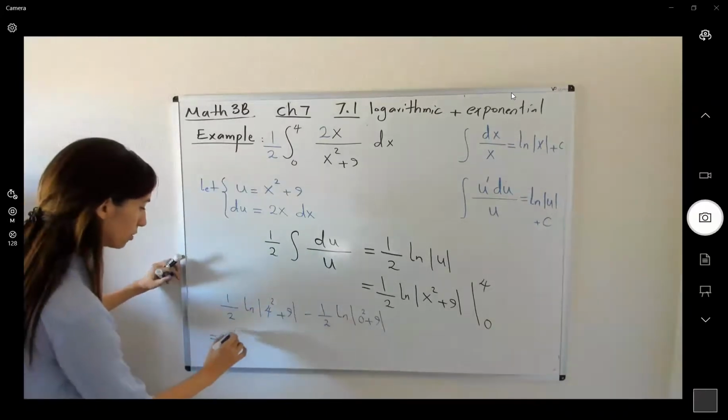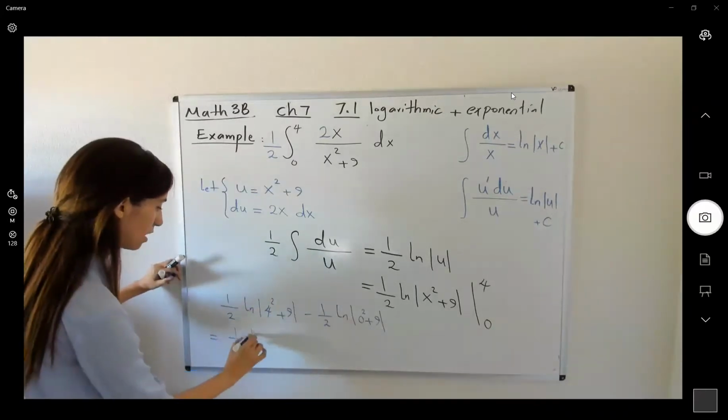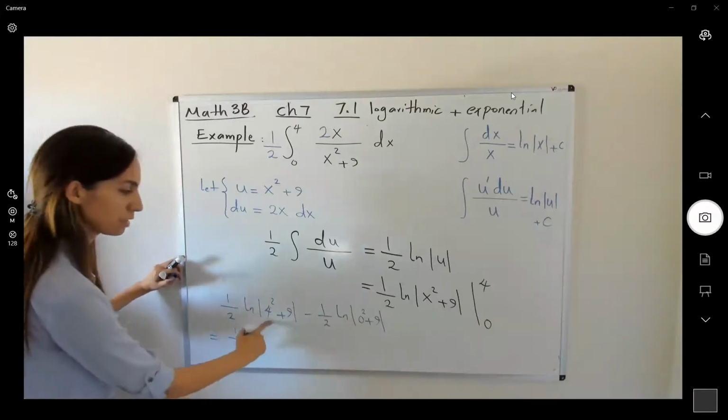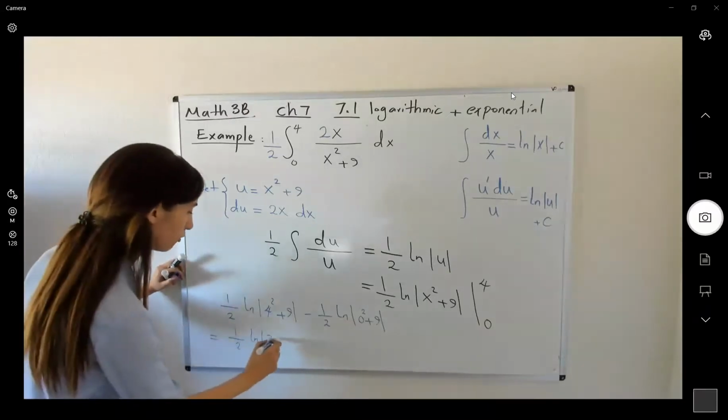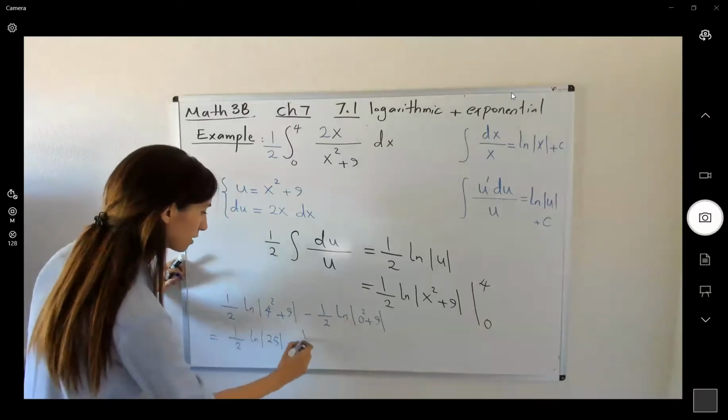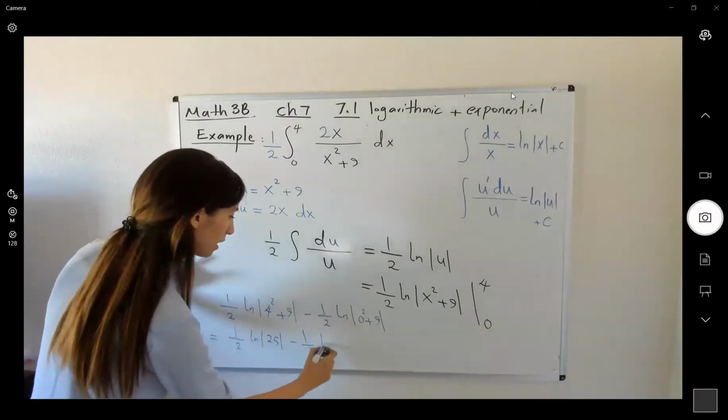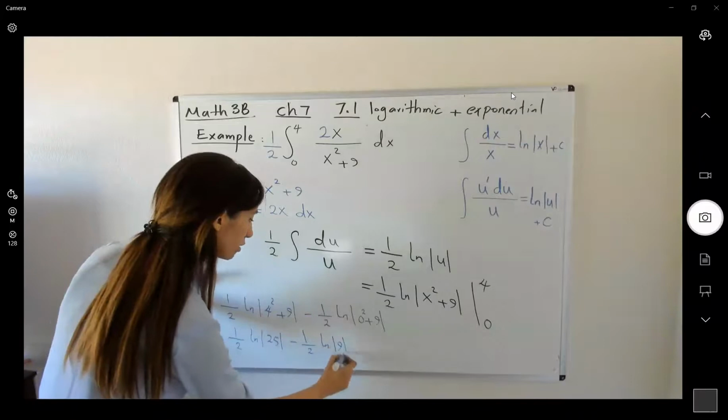This is equal to a half ln of 16 plus 9, 25, minus a half ln of 9.